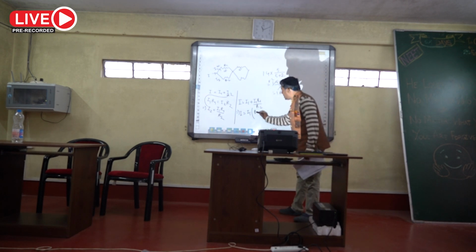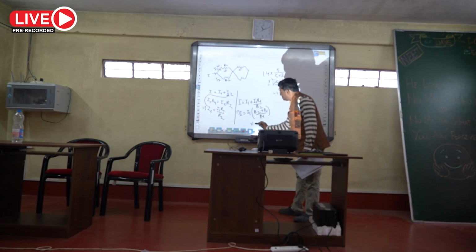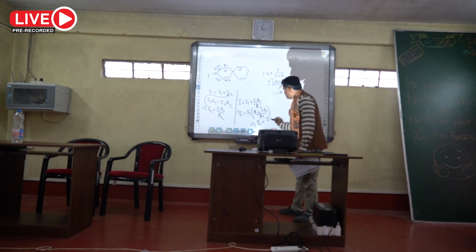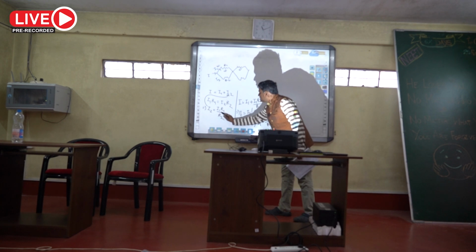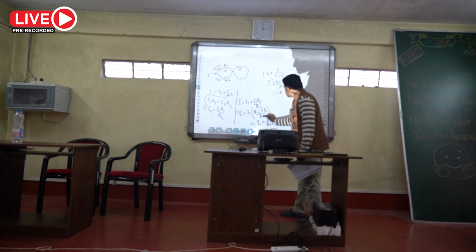So the LCM will be R2 plus R1 by R2. So I1 will be equal to I into R2 divided by R1 plus R2.